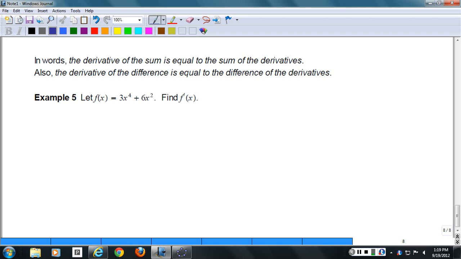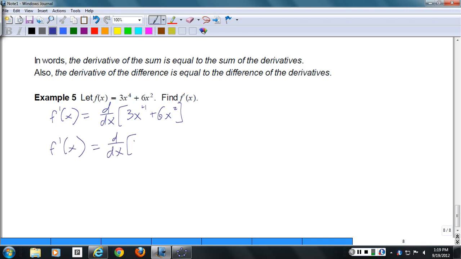So what we would say is f prime of x equals d dx of the sum, 3x to the fourth plus 6x squared. Then invoke the sum rule. F prime of x equals d dx of 3x to the fourth plus d dx of 6x squared.